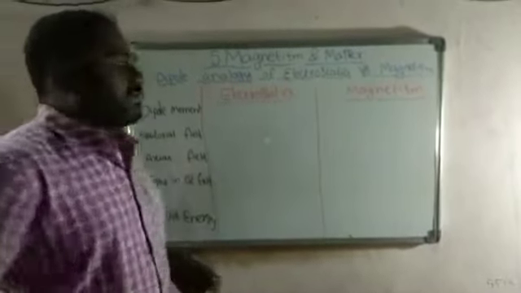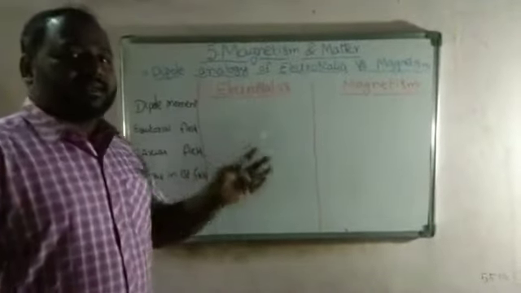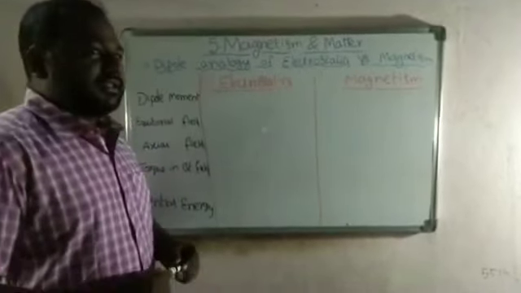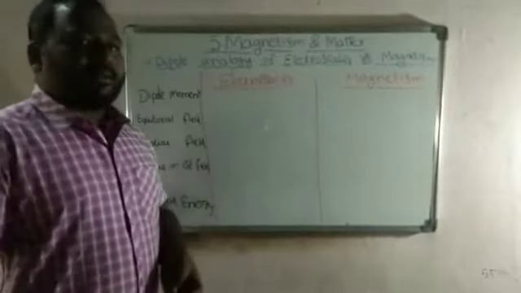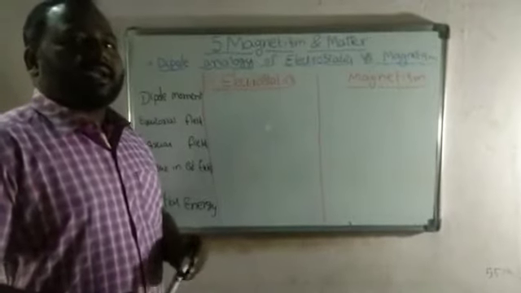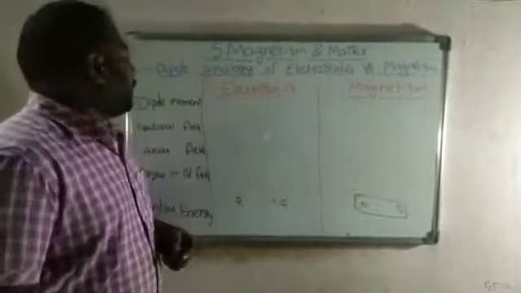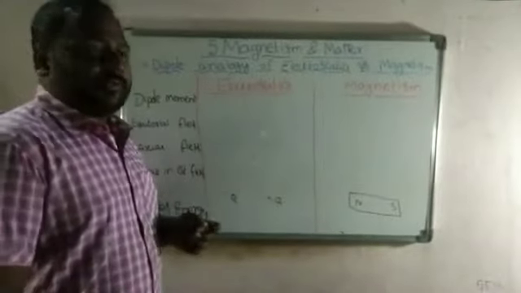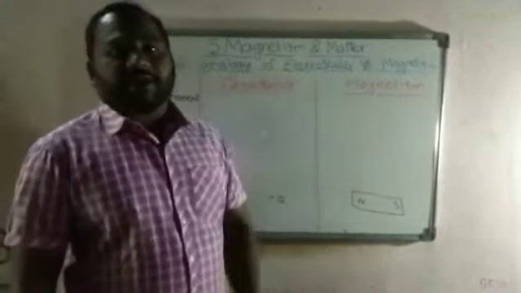In today's class we are going to discuss the analogy between electric fields and magnetic fields, and after that the Gauss law in magnetic field. Now see the analogy of the dipole in electrostatics and magnetostatics.